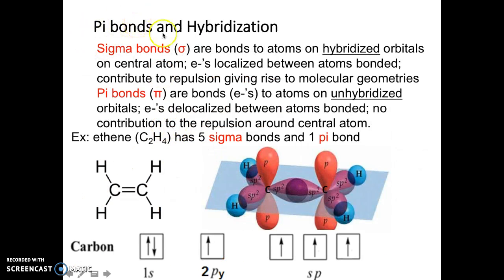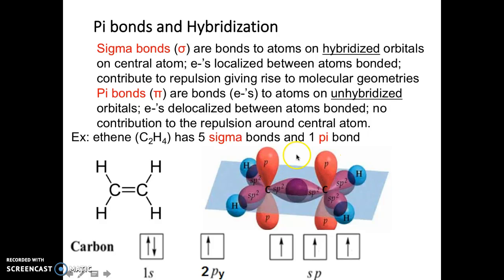Now when we get into pi bonds in hybridization, pi bonds are on unhybridized orbitals. If you notice, this carbon has an unhybridized py orbital. And so what happens is the electron that's on each of these carbons is going to bond covalently. But it's on unhybridized orbitals that these pi electrons are going to bond.